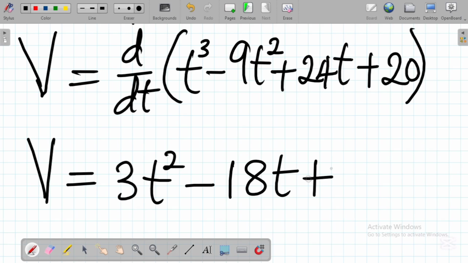Plus 24, if you differentiate 24t, it will give you 24. And if you differentiate 20, it would give you 0 because 20 is a constant. So our velocity here is 3t raised to power 2 minus 18t plus 24.